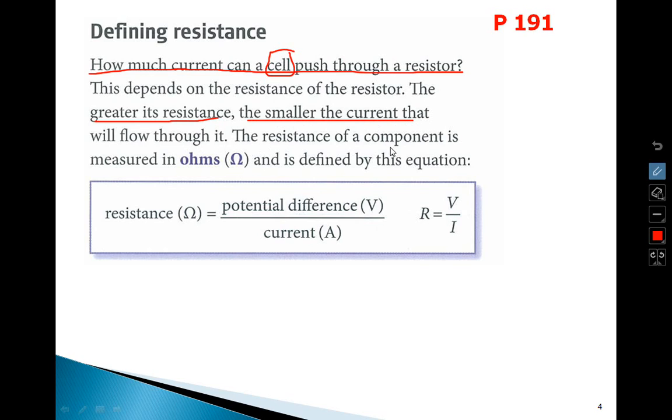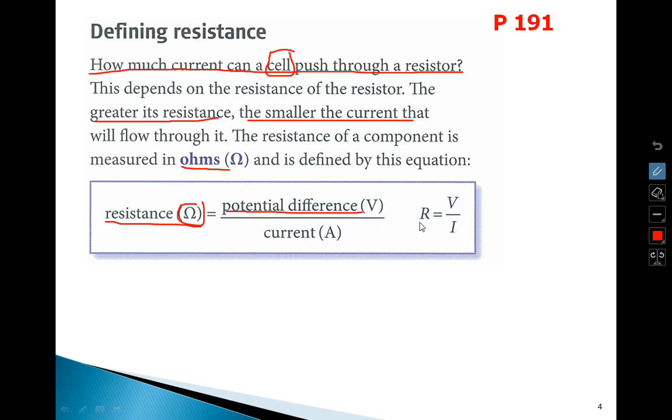The resistance of a component, as we said, is measured in ohms. That's why it's known as Ohm's law. R is equal to V over I, and V is equal to I times R. So the value of R, the resistance, which is measured in ohms, is equal to the voltage, PD or V, they are the same, over the current.